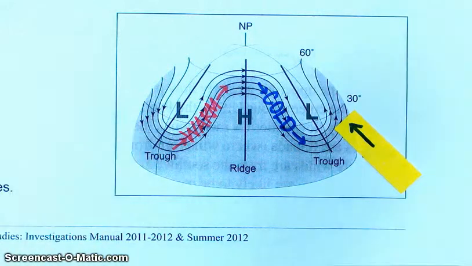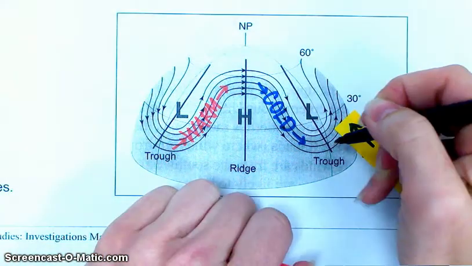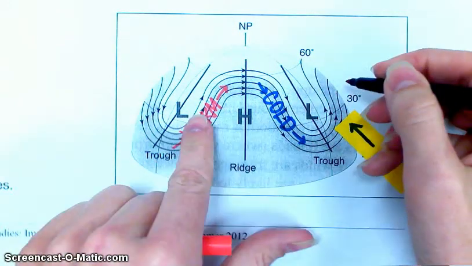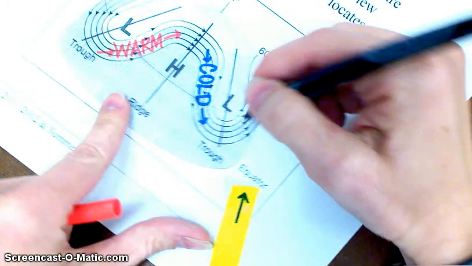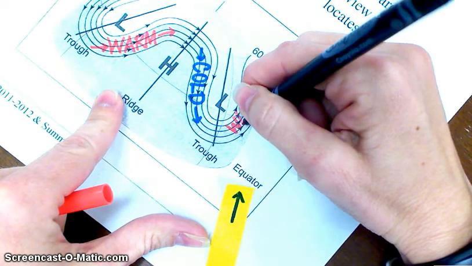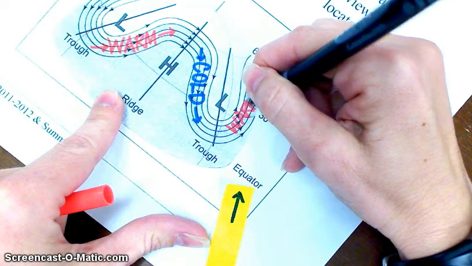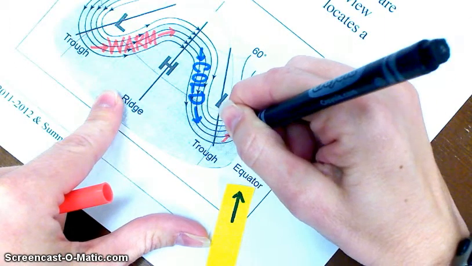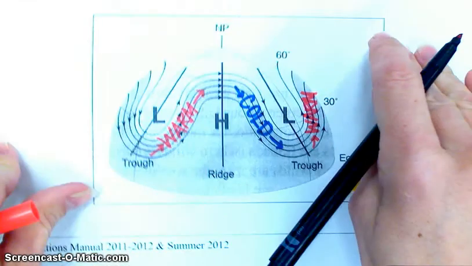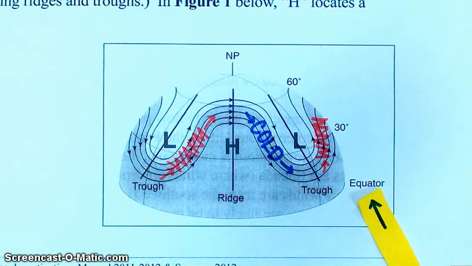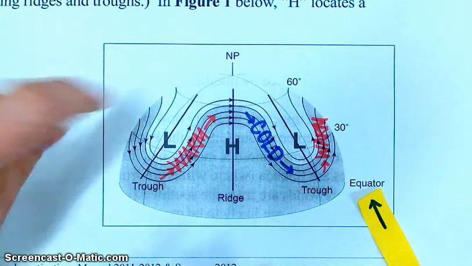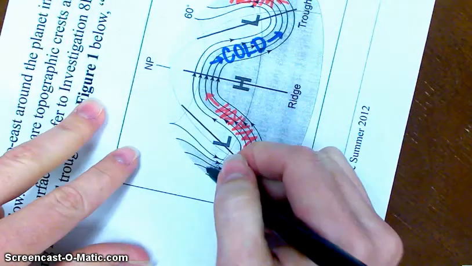Let's label these real quickly. This is coming from southwest going northeast. So let me move this out of the way. This is another warm weather direction. And this one over here is going to be another cold weather direction because it's coming from the northwest.